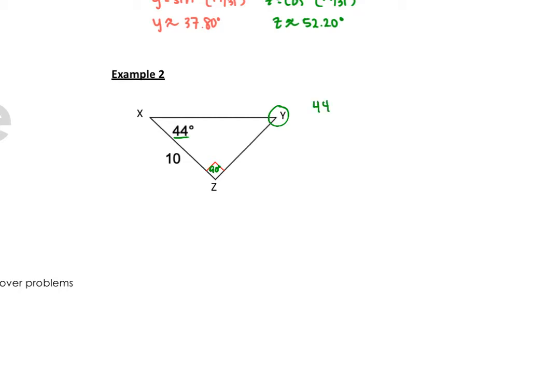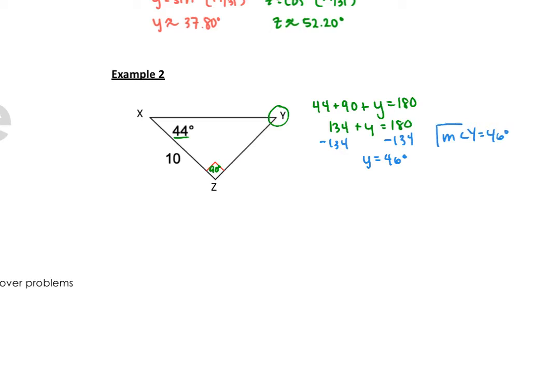So 44 plus 90 plus y equals 180. So 134 plus y equals 180, and then subtract 134. y is 46 degrees. So the measure of angle y is 46 degrees.